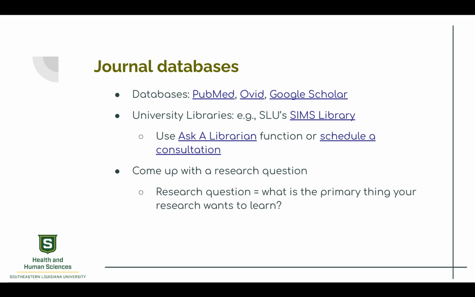Some topics may be very broad, such that searching for information on them may take you a lot of time. So coming up with a research question helps you narrow your search.